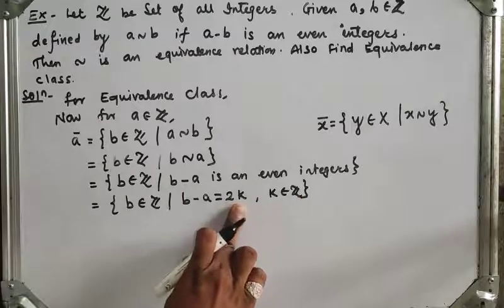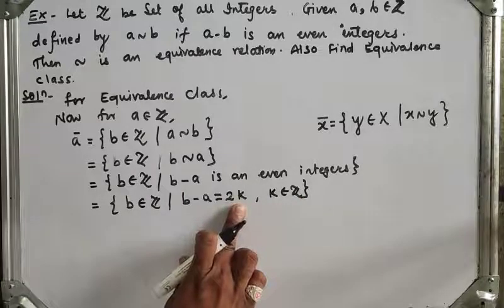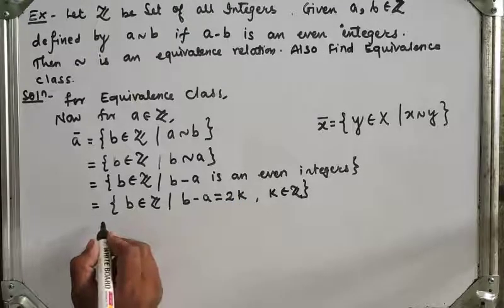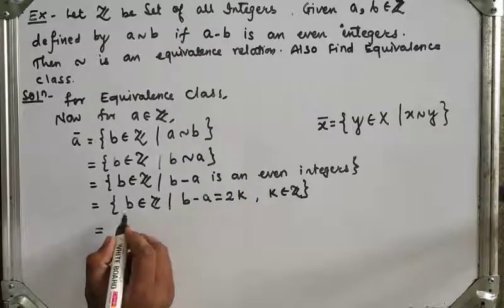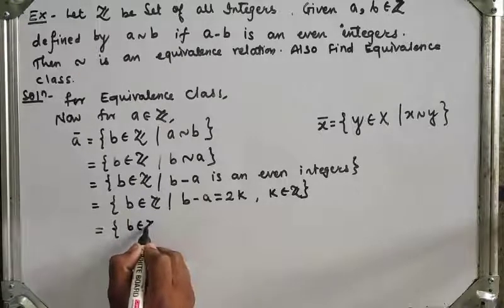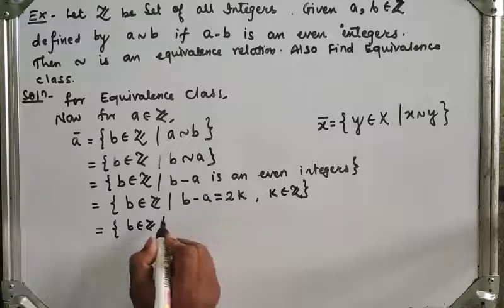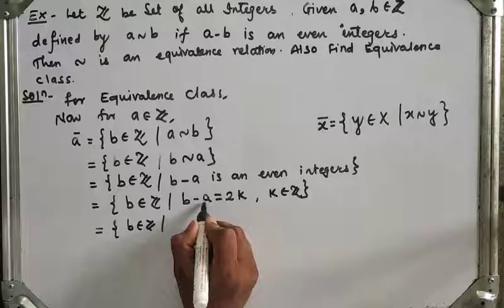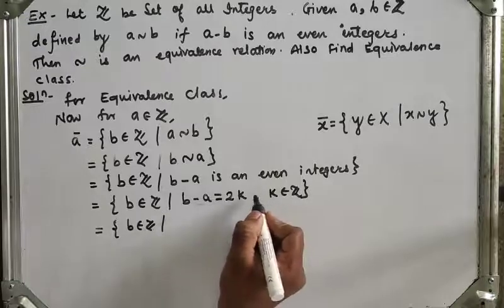So I will write it as the set of all those b belongs to Z such that, here minus a is on the left side, so I will take it to the right side.